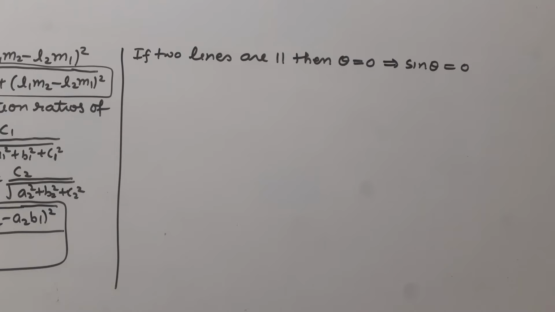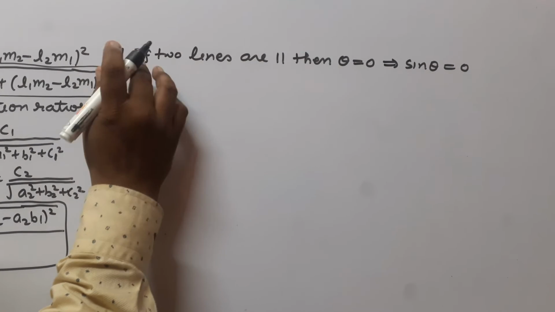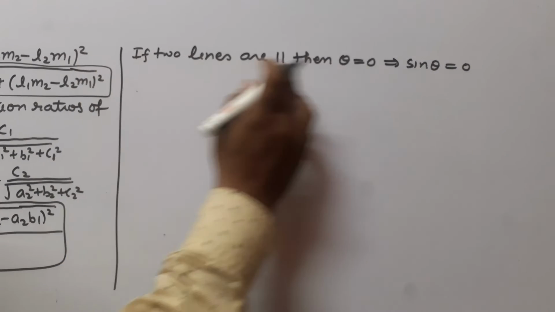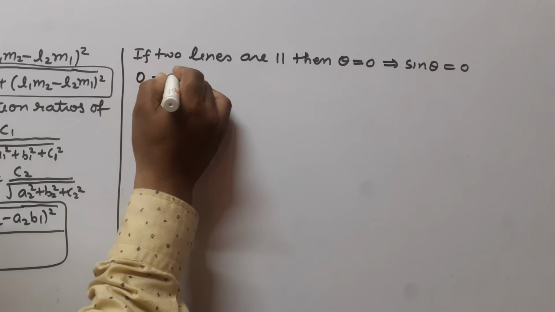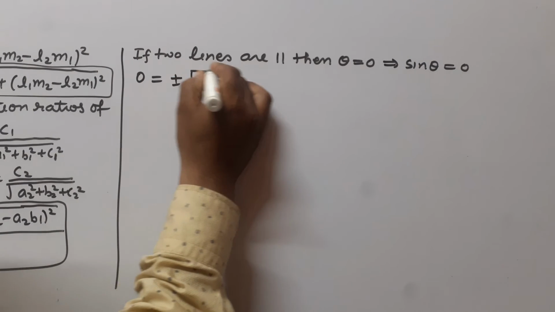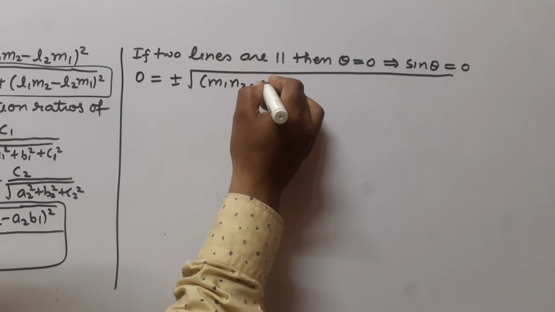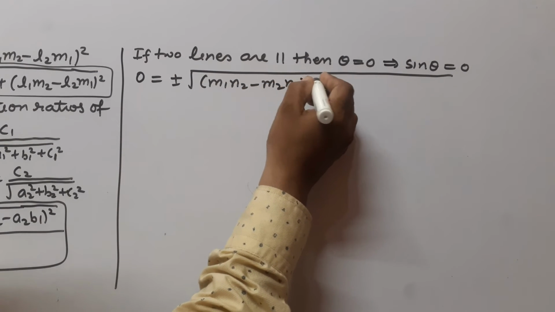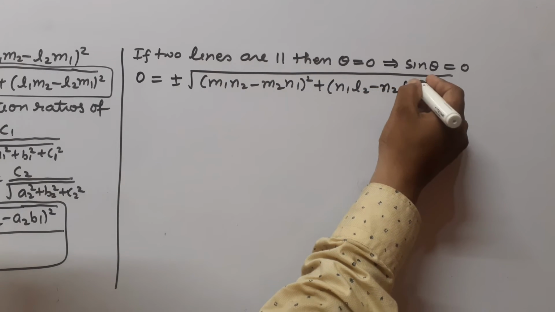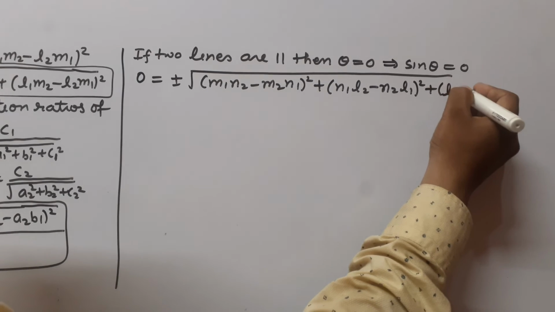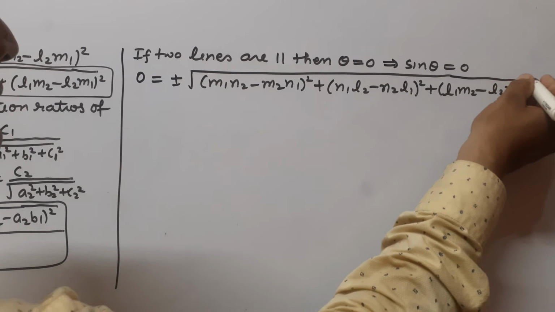Now we put the value of sin theta in the above formula, we get 0 is equal to plus minus under root (M1 N2 minus M2 N1) whole square plus (N1 L2 minus N2 L1) whole square plus (L1 M2 minus L2 M1) whole square.